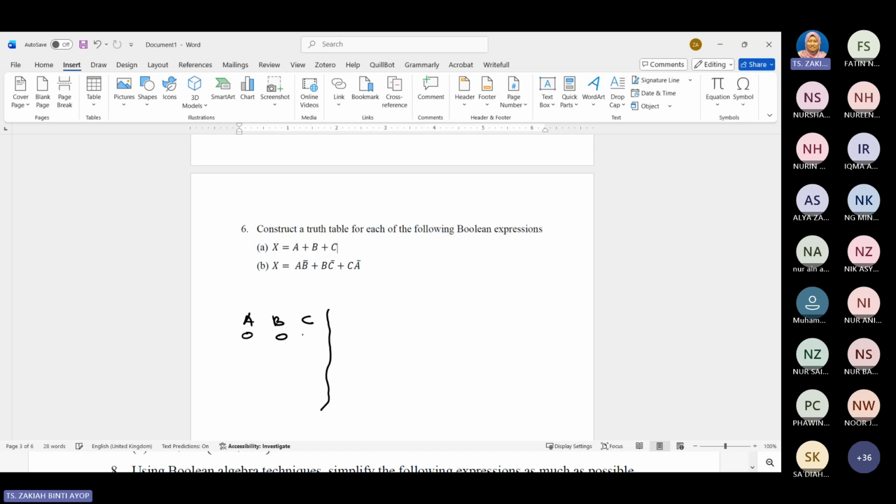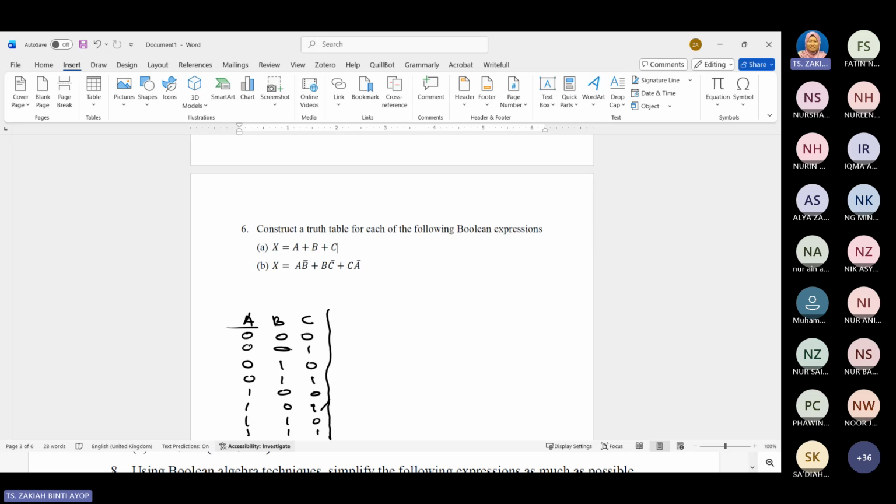Start with 0, 0, 0, then 0, 0, 1, and then 0, 1, 0, and then 0, 1, 1, 1, 0, 0, and then continue: 1, 0, 1, 1, 1, 0, and then 1, 1, 1.